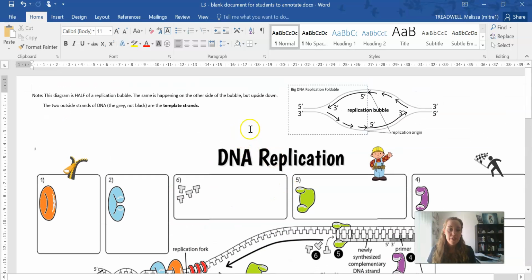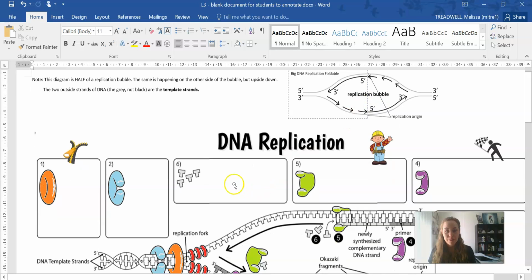Just want to point out though that the same thing happens on the other side of the strand of DNA because we need to copy the whole thing. And just remember that the outside strands here, that's representing the original parent DNA. So that's the template strands, the ones in grey. And the black ones here in the middle are the strands getting formed, and they are your complementary strands.